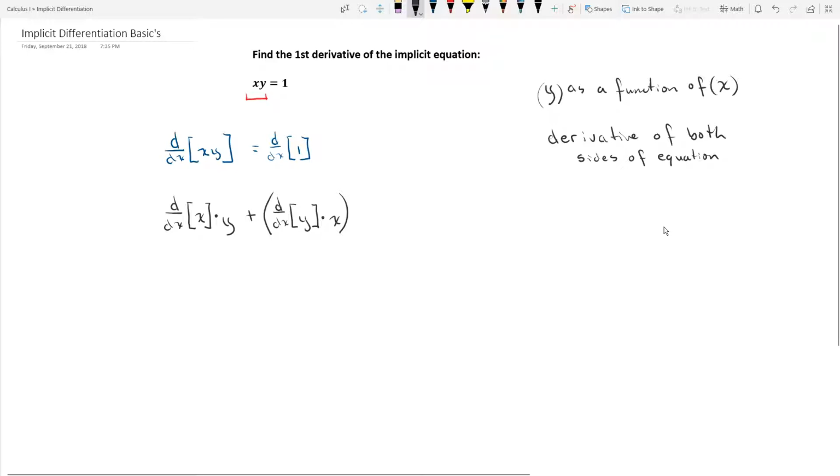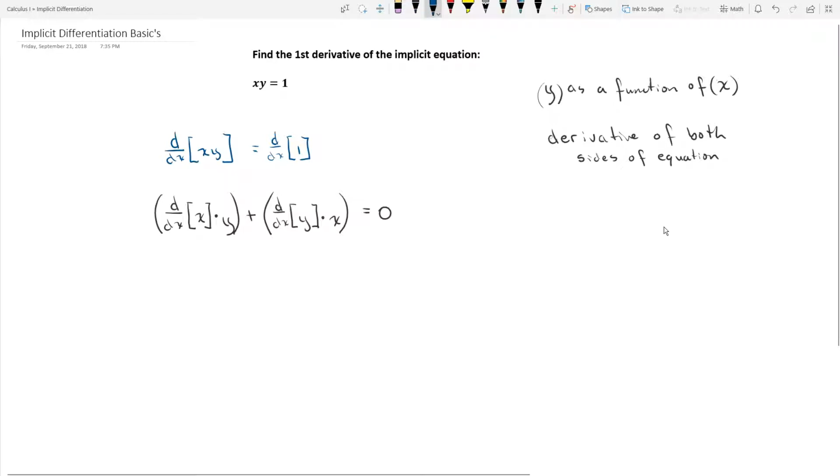And I'm always going to use these parentheses or brackets, although with addition it's okay if you forget, but if you're not in the habit of doing that and we end up with a quotient, you're going to end up subtracting, and without those parentheses, that's going to make a big difference when you go to combine like terms. So in this case, we have this set up as a product on the left side, so we can solve the derivative of 1 on the right. That's going to be 0.